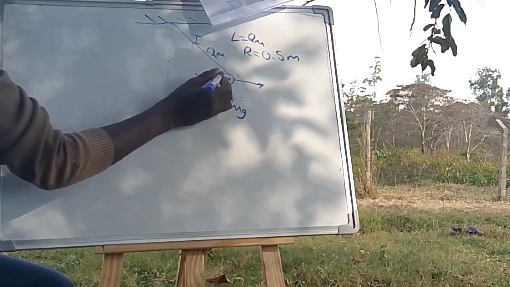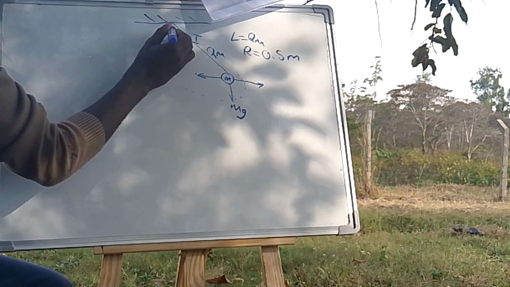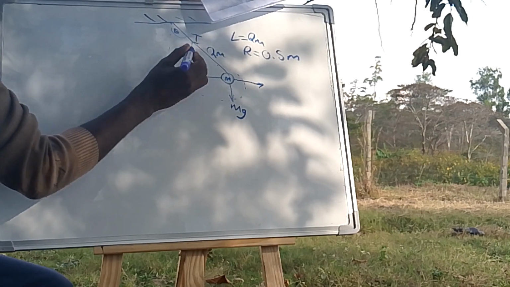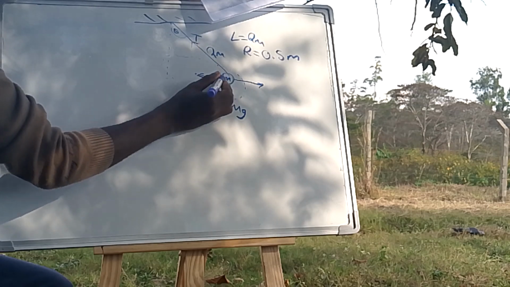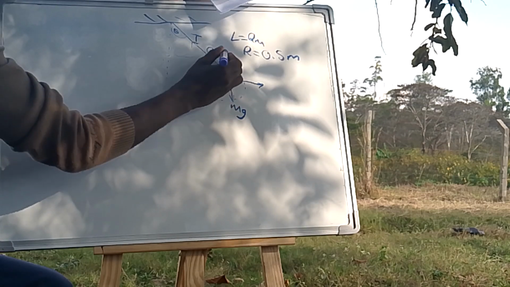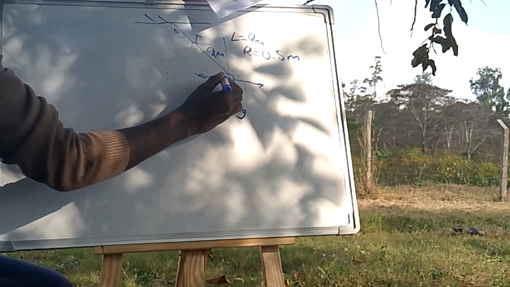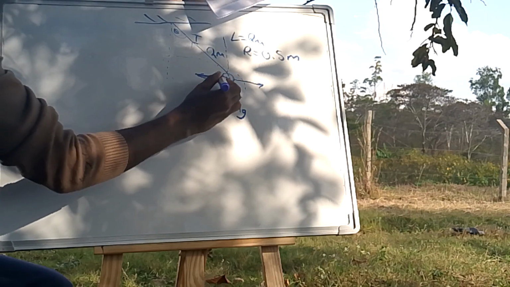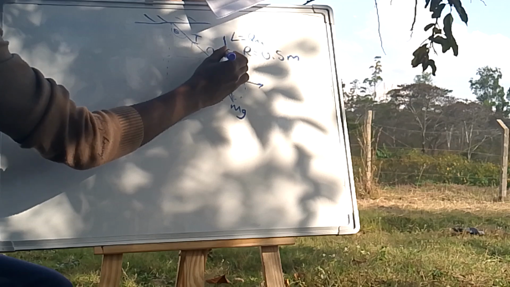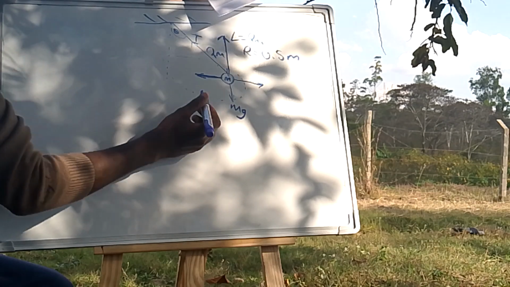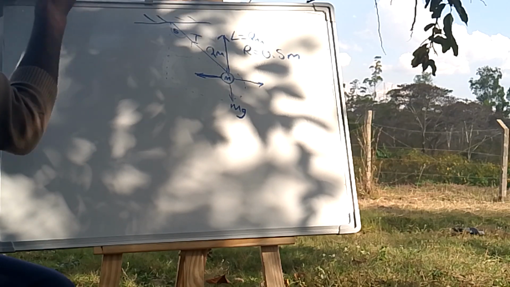Now let's first resolve the tension here, because we know that here we have angle theta. When you resolve, we are going to have something like this and that. So we've resolved the tension.